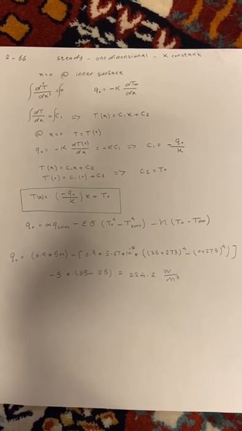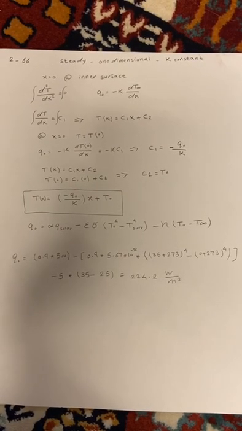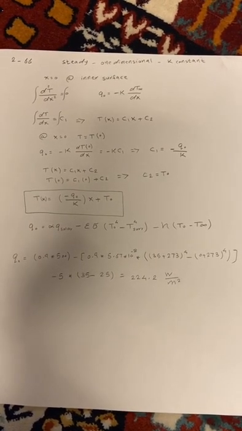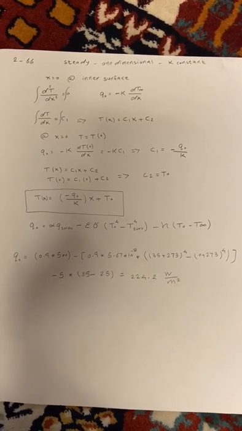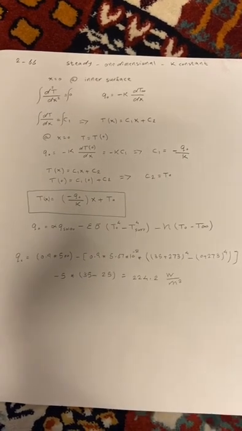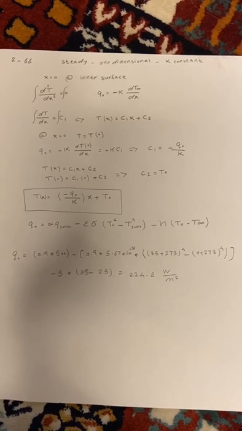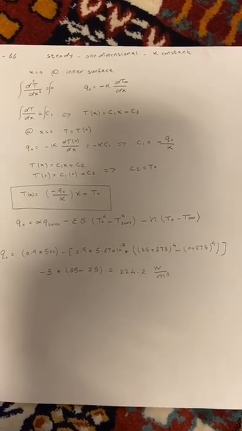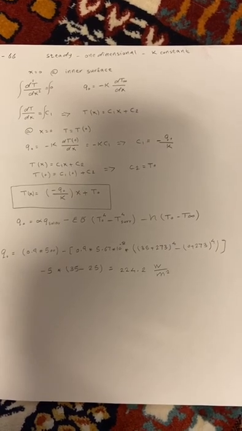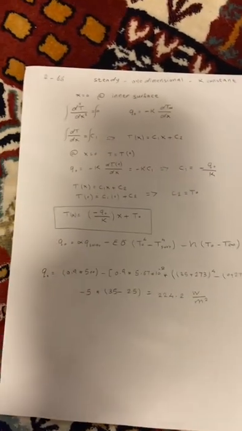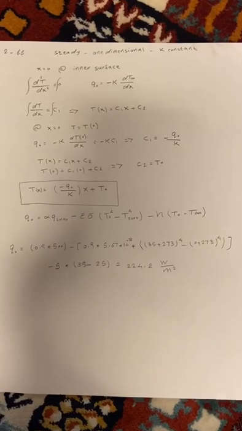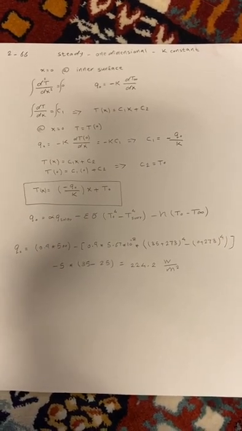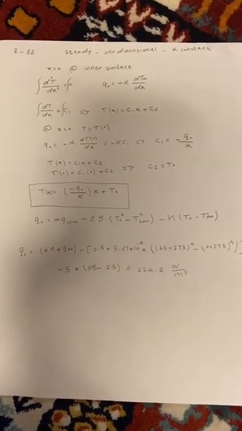So we use the energy balance for it, and we use the boundary conditions as well, and we find T(x). And after that, we need to find the Q absorbed by the solar collector too, that we can plug in the numbers that we have and do that as well.